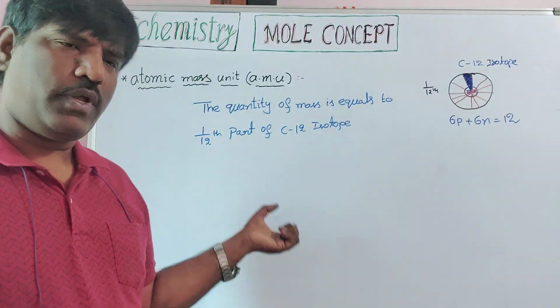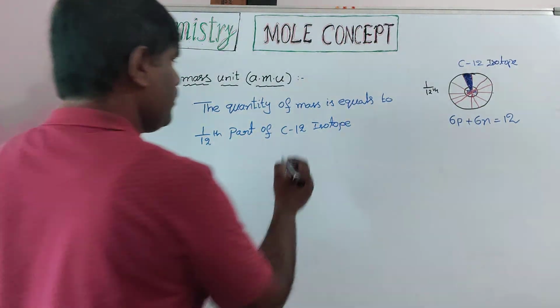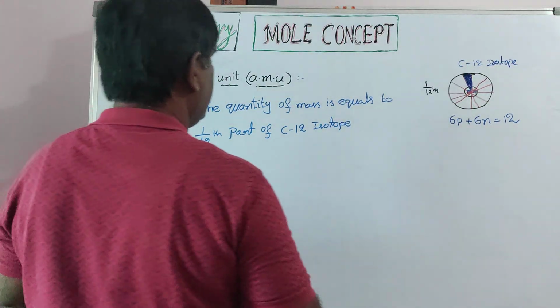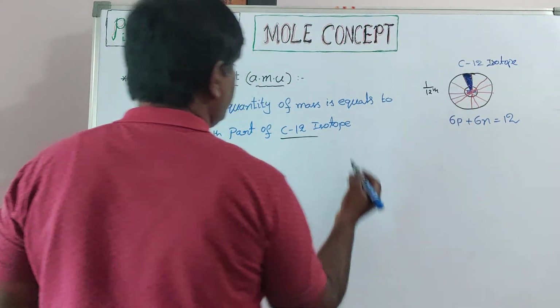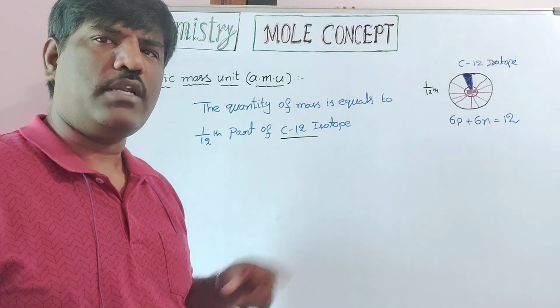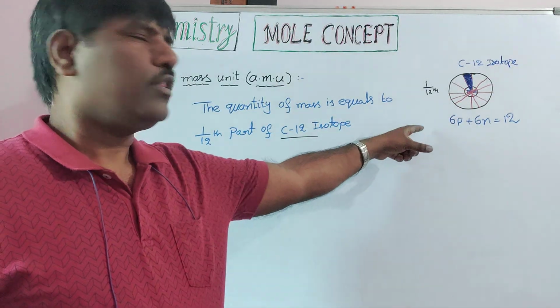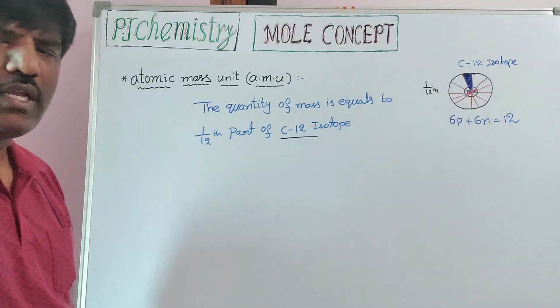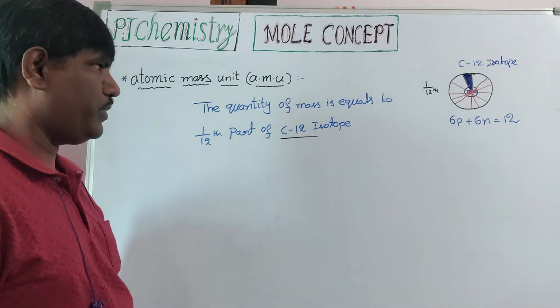So carbon 12 you should mention clearly. Carbon 12 is taken as a reference element. I hope you understand what is meant by AMU. AMU is nothing but 1 by 12th part of C12 isotope.